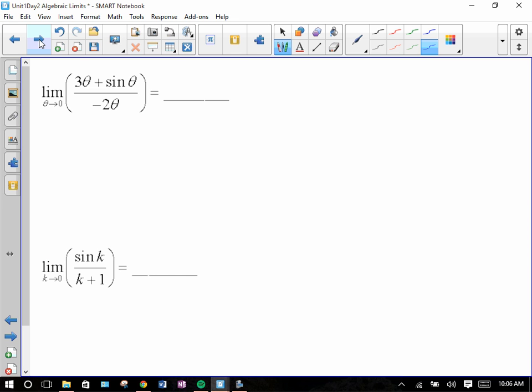There's a 3 in front of the sine after. So I can't just take this 3 and this negative 2 that's under everything and move it out front. Now, I do like this idea though, but I need to do something first.